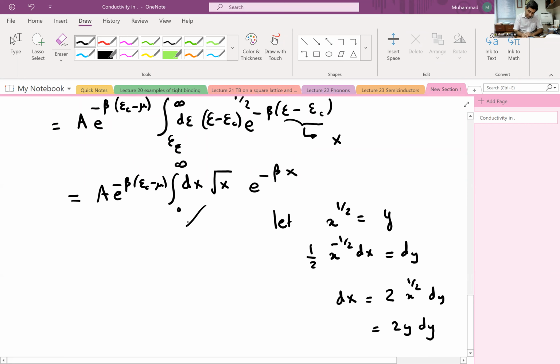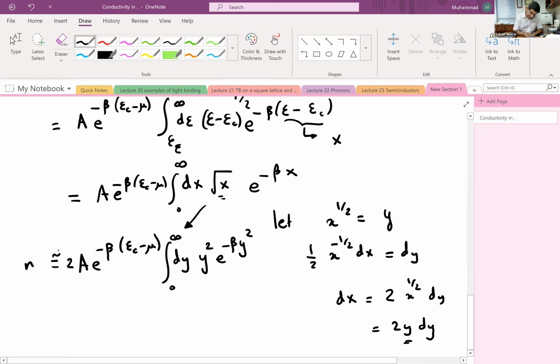All right, so when I make this substitution, this becomes e to the minus beta, 2y dy, y being multiplied with another y becomes y squared, e to the minus beta x is now equal to y squared.